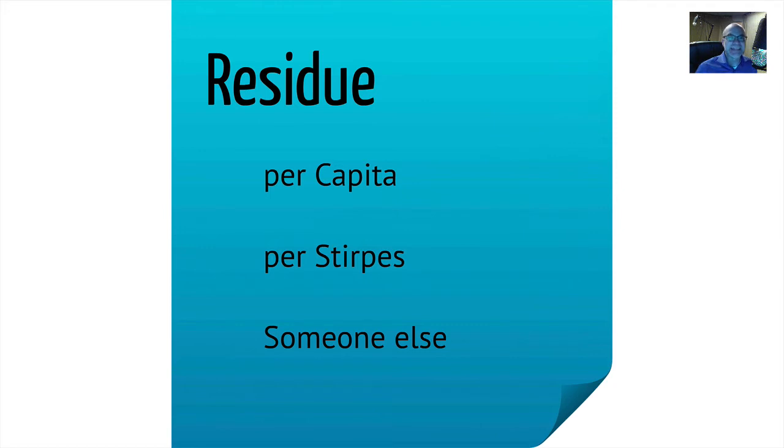They predeceased you. And then you will be required to designate whether you want the distribution to that predeceased heir to go per capita, per stirpes, or to someone else completely.